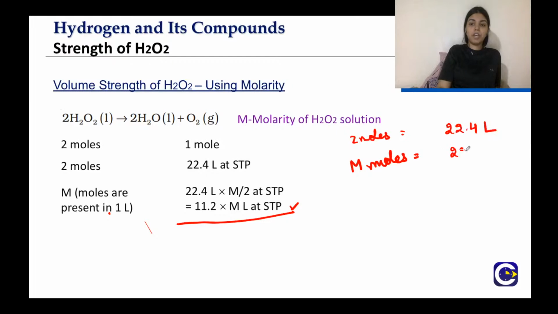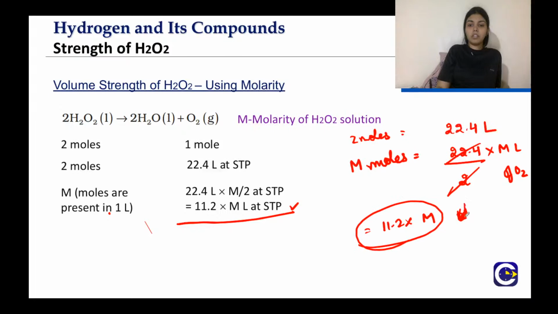So this will be what? 22.4 divided by 2 into M liter of oxygen gas at STP. So this becomes what? 11.2 into molarity. So this much amount of oxygen gas will be obtained at STP.